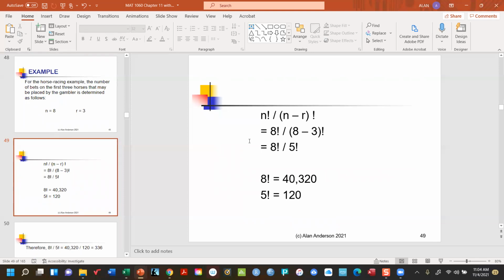So the 8 factorial is 40,320. The 5 factorial is 120. So we end up with 336. So there's 336 ways you can bet on this horse race.